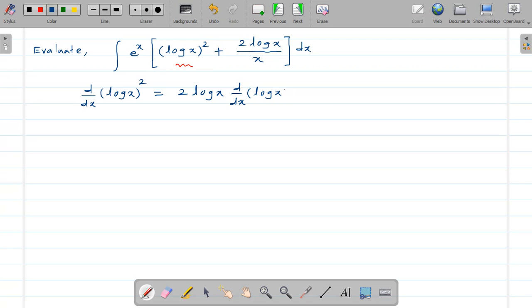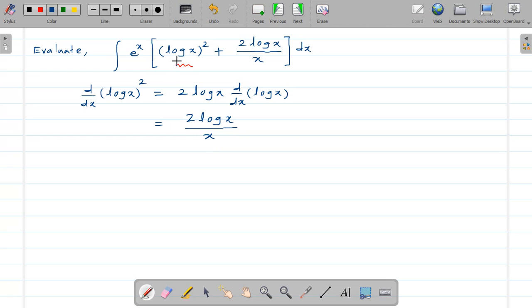Just like the derivative of x square is 2x, here it is (log x) squared, so the derivative of (log x) squared is 2 log x into, by chain rule, d by dx of log x. We get 2 log x as it is, and the derivative of log x is 1 upon x. So the total derivative will be 2 log x upon x.